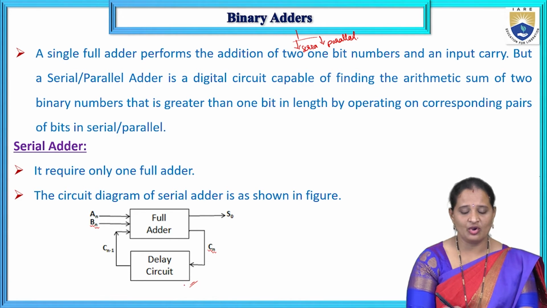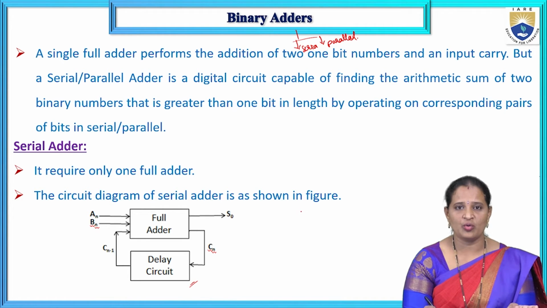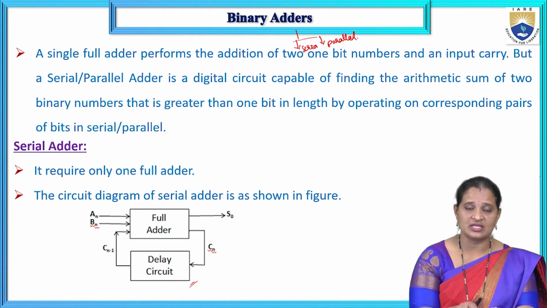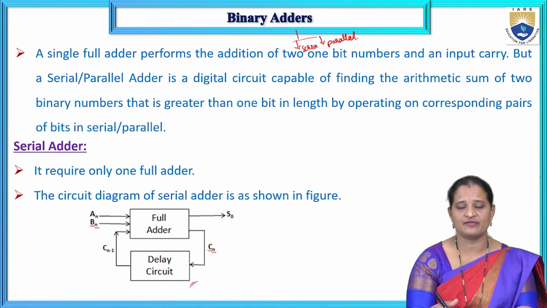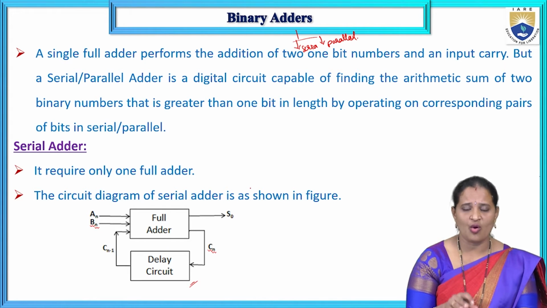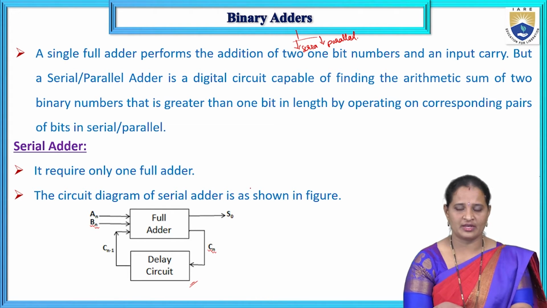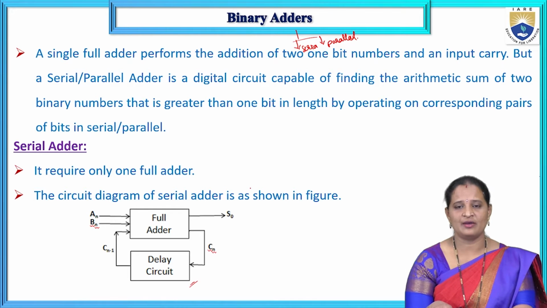The delay circuit and a full adder form a serial adder which can perform the addition of two binary numbers of more than 1 bit each. As we know, a full adder can perform only the addition of two binary numbers of 1 bit each, but by using the same full adder, we can even add binary numbers of more than 1 bit.